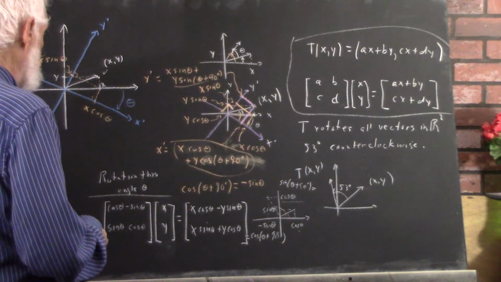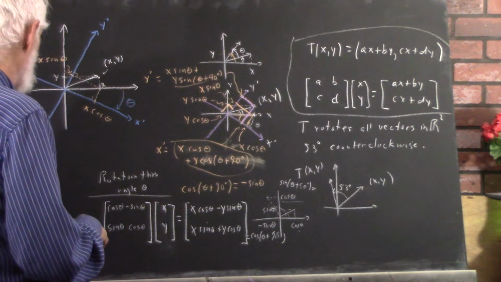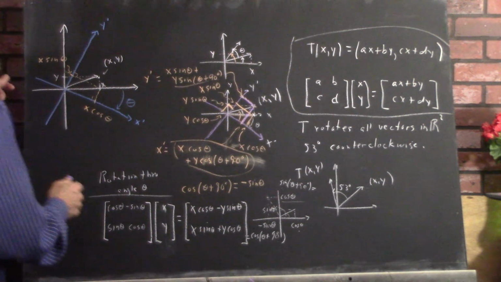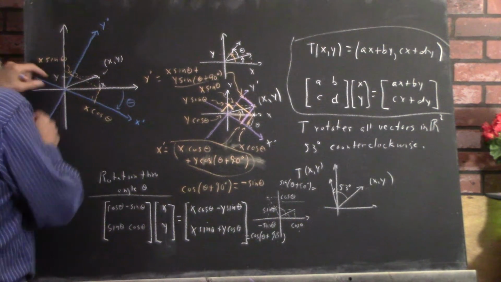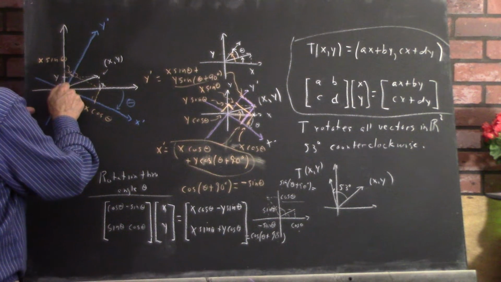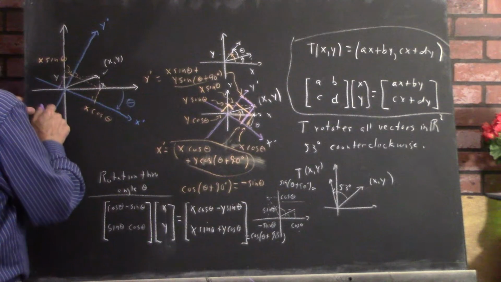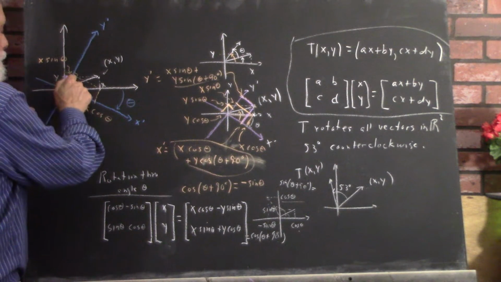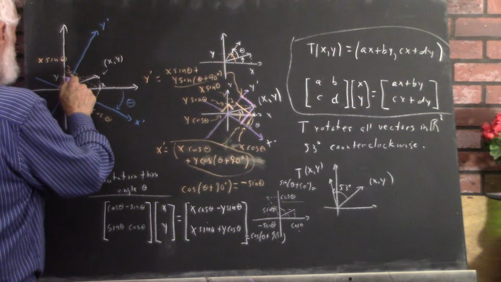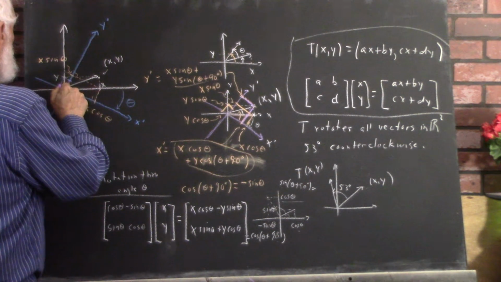Now we do the same thing with the y-coordinates. I mean, we do the same thing with this point. We find the coordinates in the prime system here. But there's the x-coordinate of this point on the y-axis, and here's the y-coordinate.